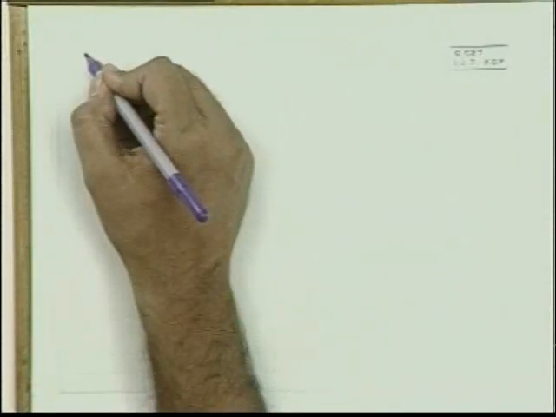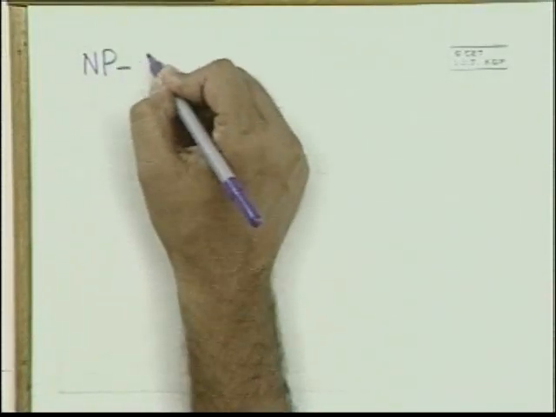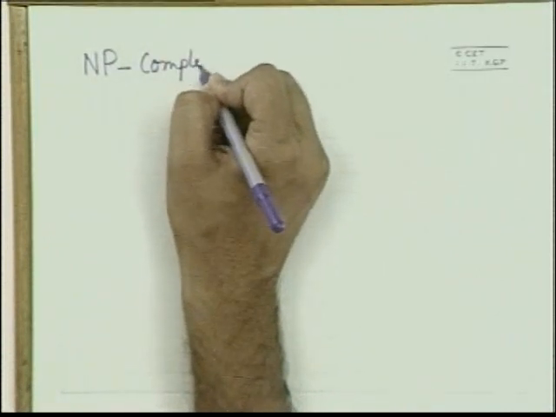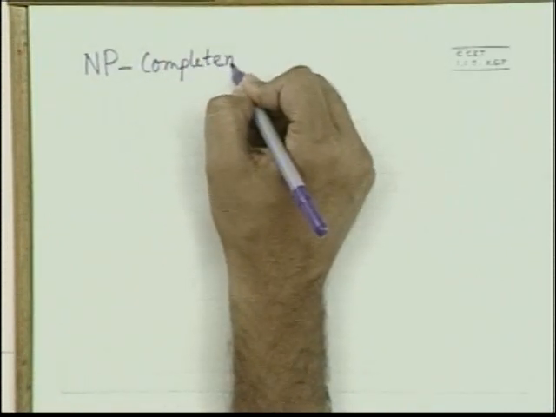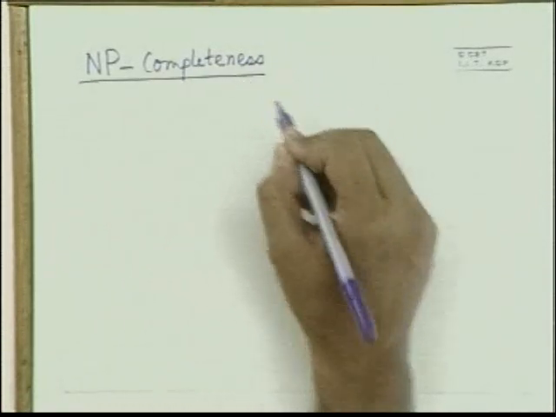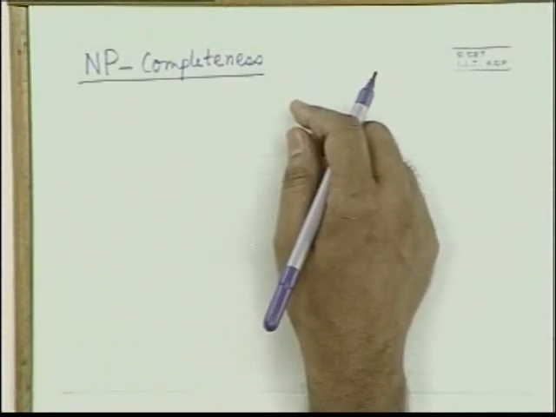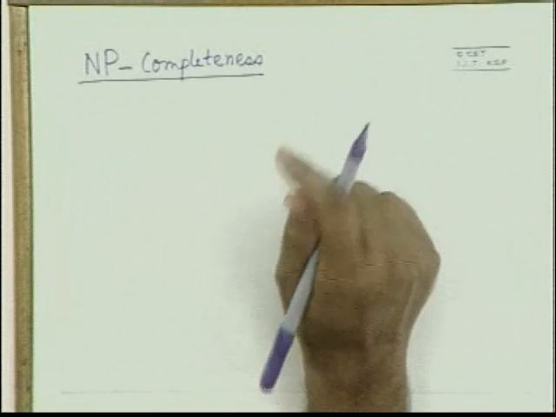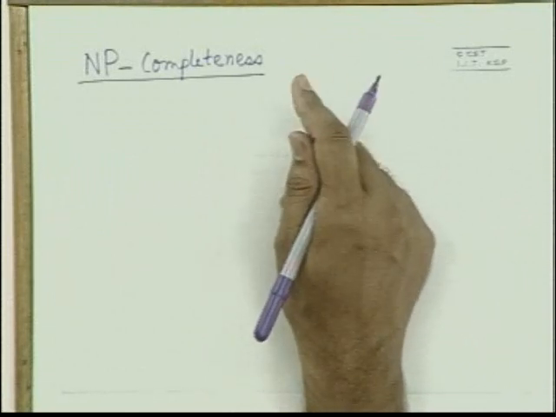Now let me move to the ultimate goal of this particular portion of our class, which is to tell you about NP completeness. This is the term you will be hearing very often. Some people will say that this problem is NP complete, I cannot do anything. First of all, this statement is wrong, but in a sense it is also true.